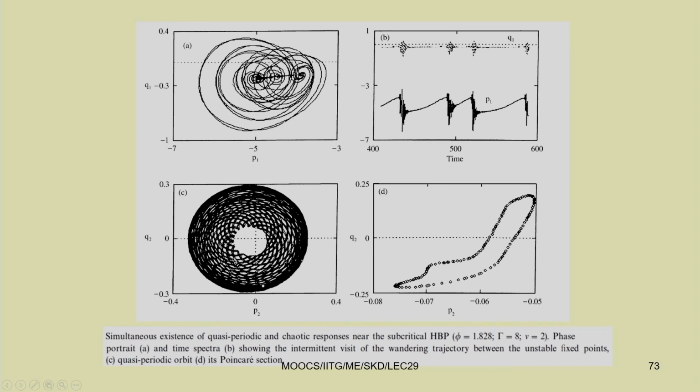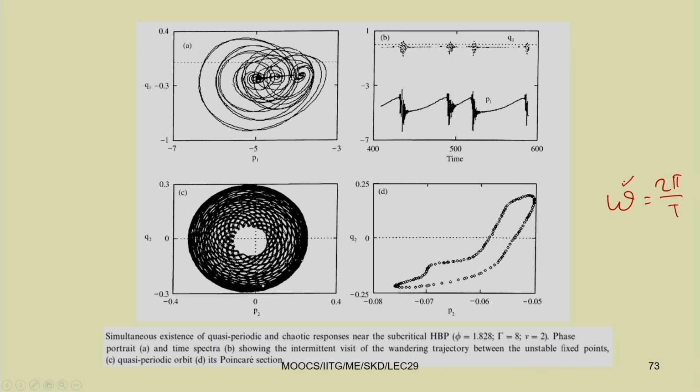Here you can see clearly this is a quasi periodic orbit. To know whether it is a quasi periodic orbit or not, you can draw the Poincare section. This is the Poincare section plotted for P2 Q2, and how to draw Poincare sections I have already explained. You take the lowest time period, where omega equal to 2 pi by T. Corresponding to the lowest time period you have the highest frequency.